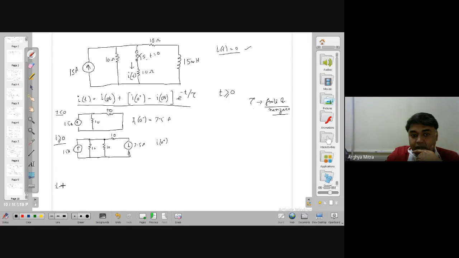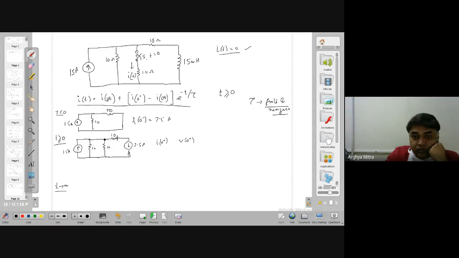After that I will also apply the t tends to infinity case. To find I0 plus, if I find V0 plus, then V0 plus divided by 10 should be equal to I0 plus. So what is V0 plus? How can I find the voltage at this node?